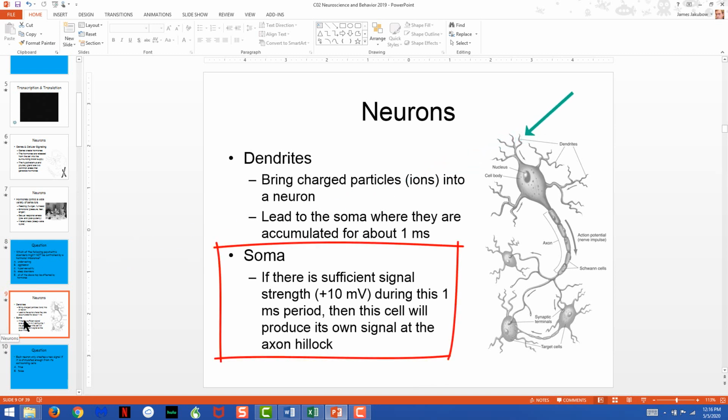Now notice that the dendrites are a very thin tube and they reach this large voluminous soma. So there's only a short period of time, actually 1 millisecond, through which the charged particles can reach the soma before they begin to diffuse out into that larger area.